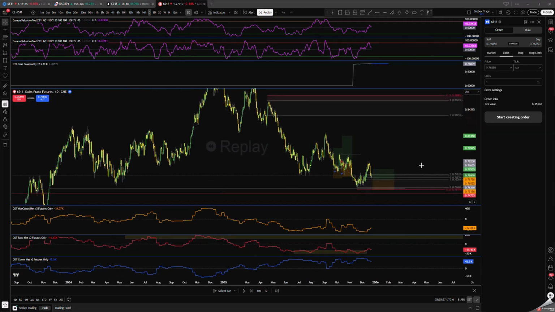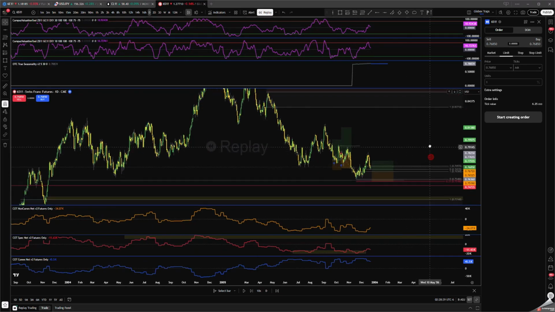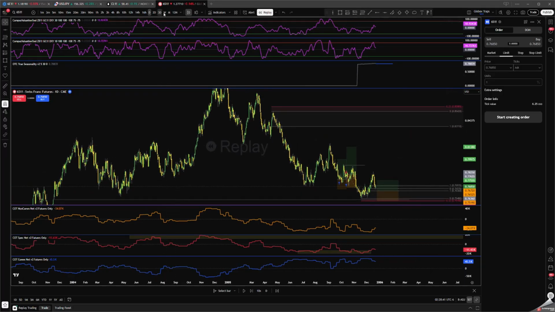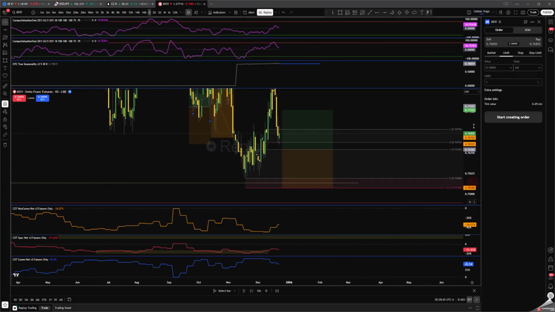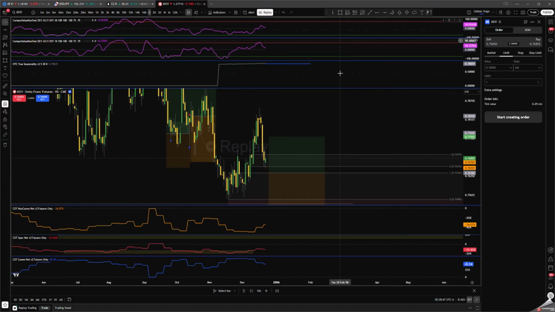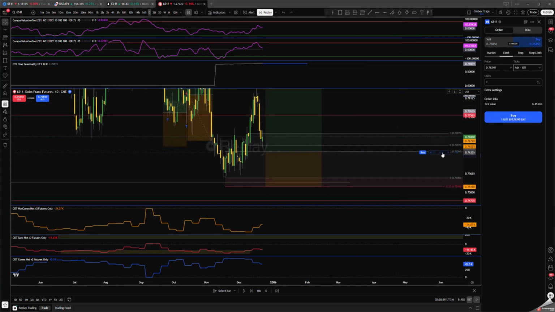And it is in downtrend in general on the daily time frame and even on the weekly too. 1 to 1. Buy limit.